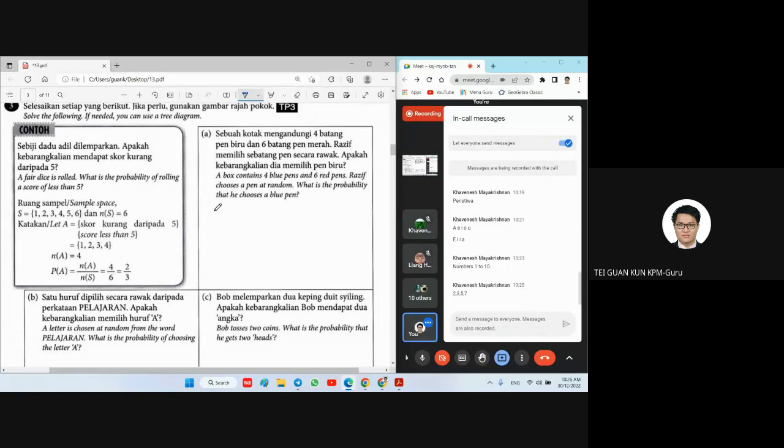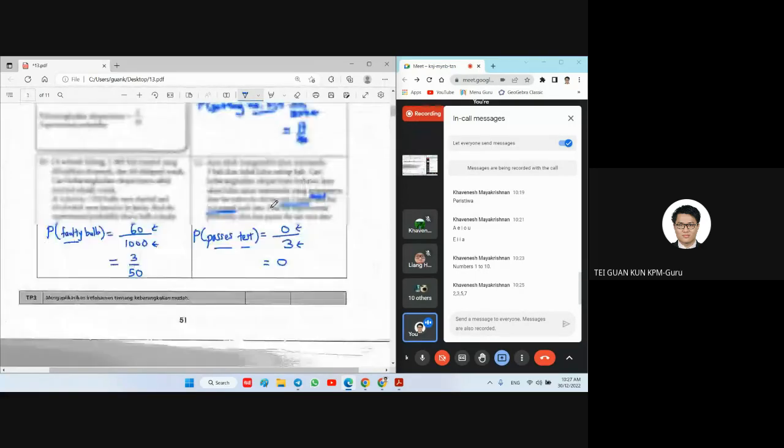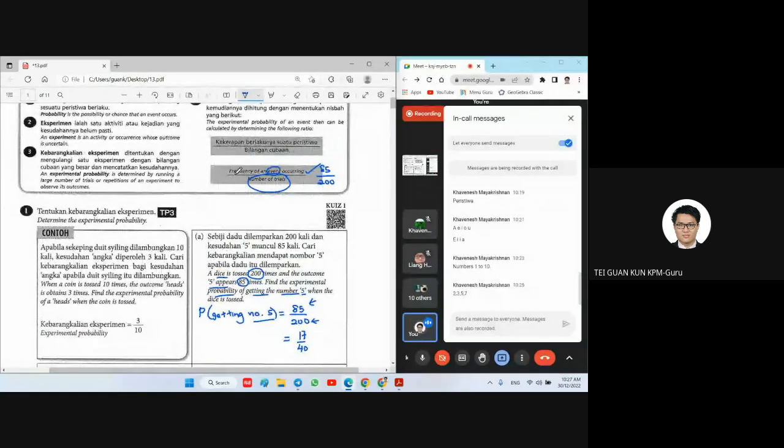So, probability blue pen. Ni macam tadi lah. Nak guna formula ini boleh. Frequency of, sebab kita nak dapatkan kebarangkalian.